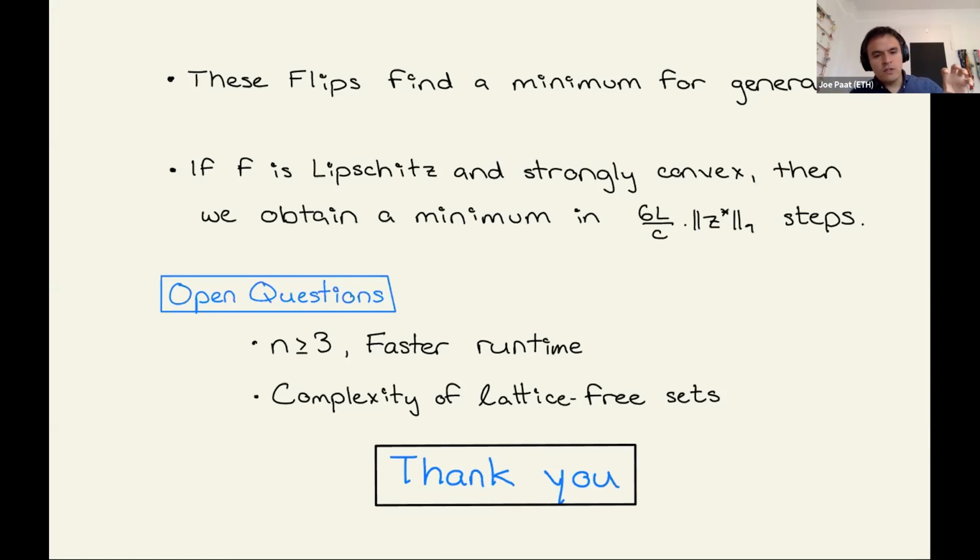So what we wanted to do is to find some way of taking these lattice-free sets and quickly updating them to take these gradient polyhedra, which are not lattice-free, and quickly update them without having to solve IPs or something like this. So this is more of a conceptual framework for an extension of gradient descent to the integer setting.